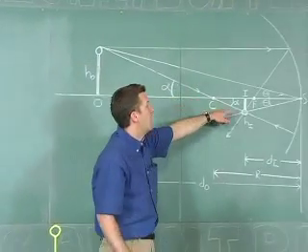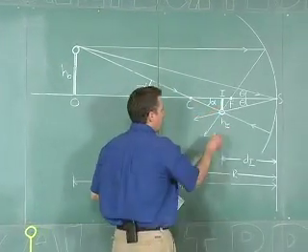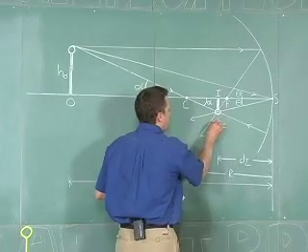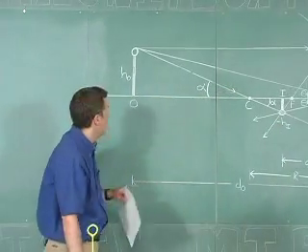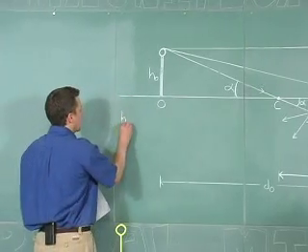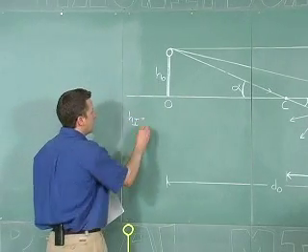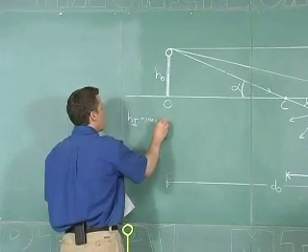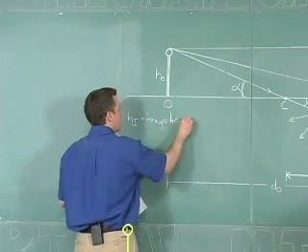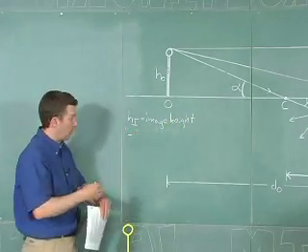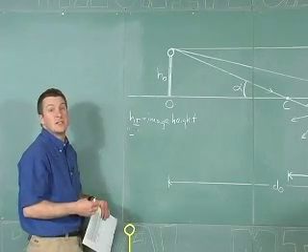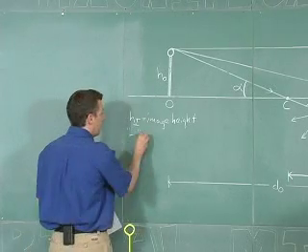Well, our image is definitely upside down here, and we're going to throw a negative sign out front of it to indicate that that image is inverted. So we're going to use the symbol h sub I to mean image height, and the negative sign indicates that the image is inverted.